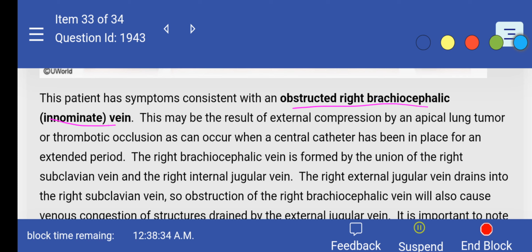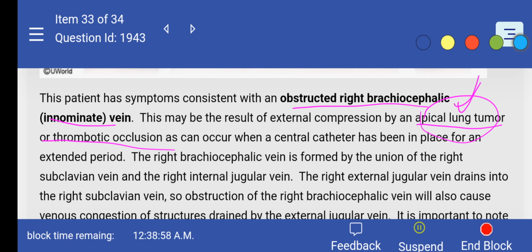This may be a result of external compression by an apical lung tumor, or thrombotic occlusion can occur when a central catheter has been in place for an extended period. The right brachiocephalic vein is the likely one, since the history of his father's lung cancer is presented.